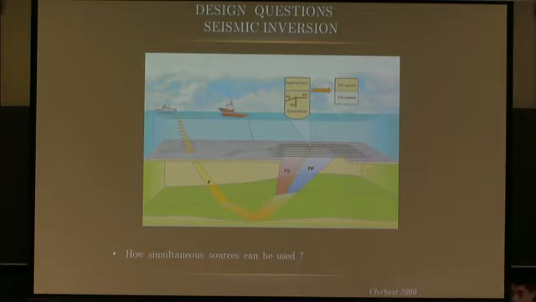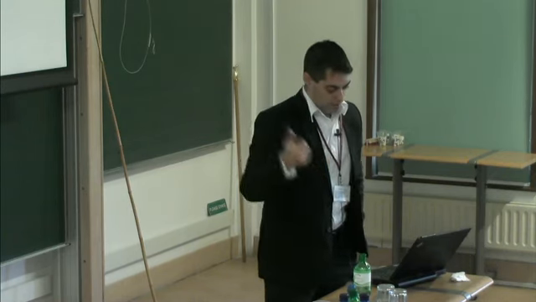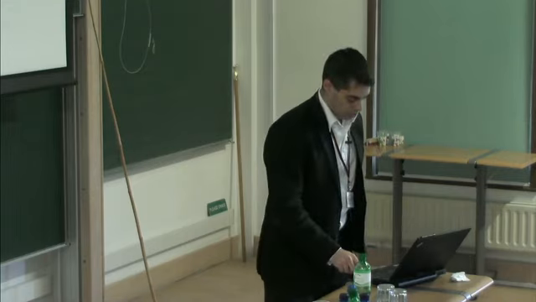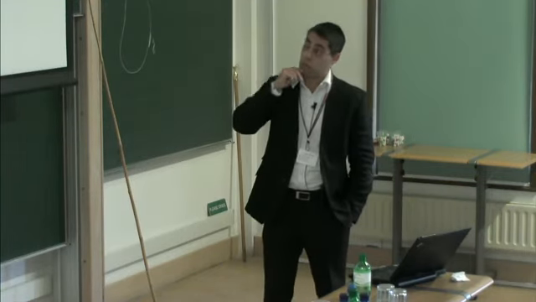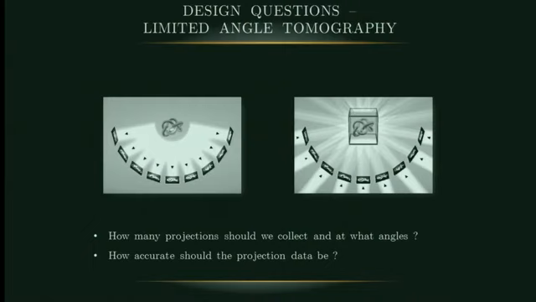And one of the questions is how can you combine sources or combine receivers in a better way so that you can either shorten the acquisition time or shorten the computation time of the inversion. Another question that Sirtanian was asking is, in limited angle tomography, how many projections do we really need? How accurate should these be collected, to what level of accuracy, and so forth.